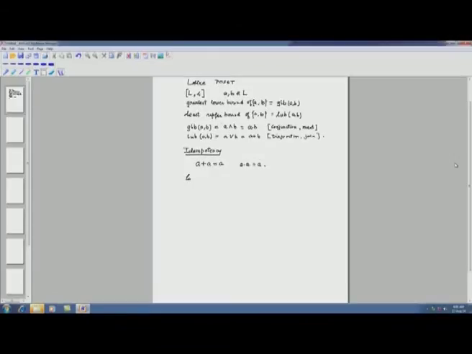The next property that we discuss is commutativity.